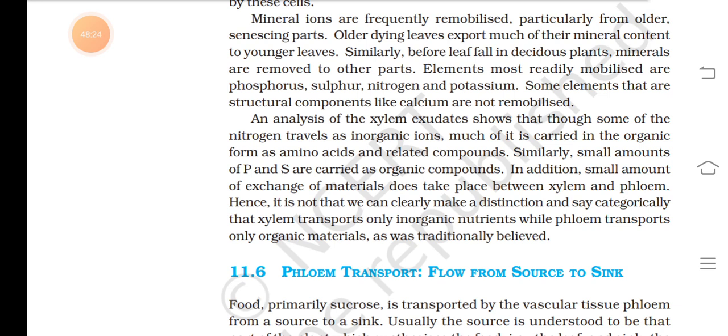In addition, a small amount of exchange of material does take place between xylem and phloem. Hence, it is not that we can clearly make a distinction and say categorically that xylem transports only inorganic nutrients while phloem transports only organic material, as was traditionally believed.